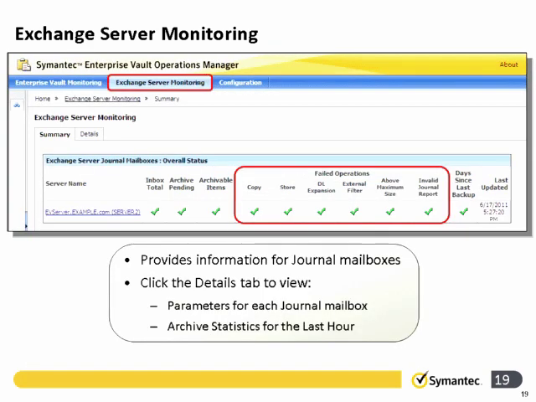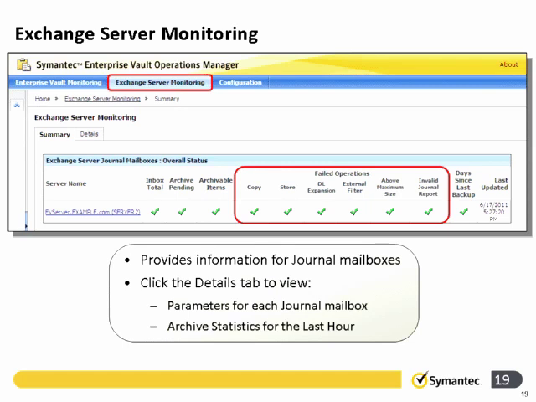This is an example showing the Exchange server monitoring functionality. In this example, we've just gone to a different tab within the web interface of the Enterprise Vault Operations Manager. For the summary, you can see for this particular Enterprise Vault server that's doing the Exchange archiving, the total, whether or not we have an excessive number of items in the inbox, the archive pending items, the archivable items, as well as if there are any failed operations.